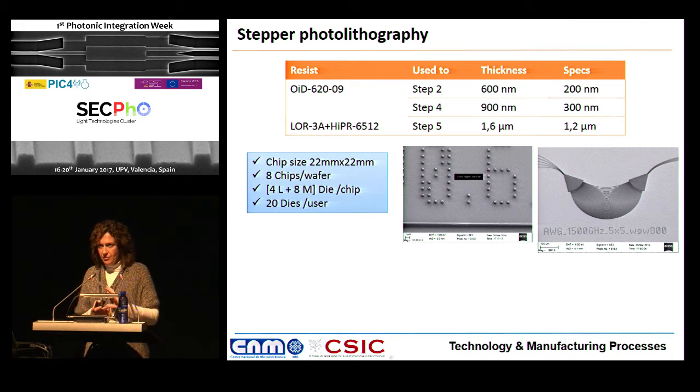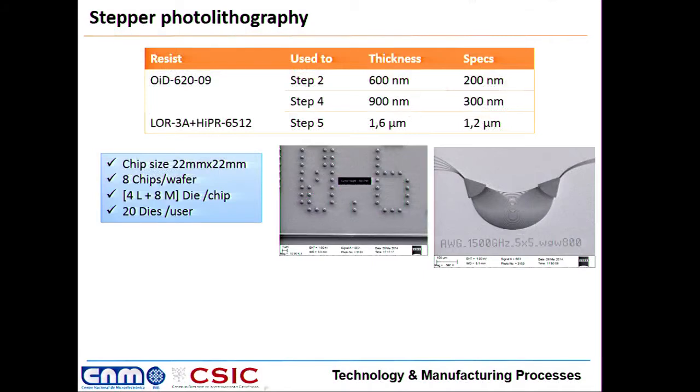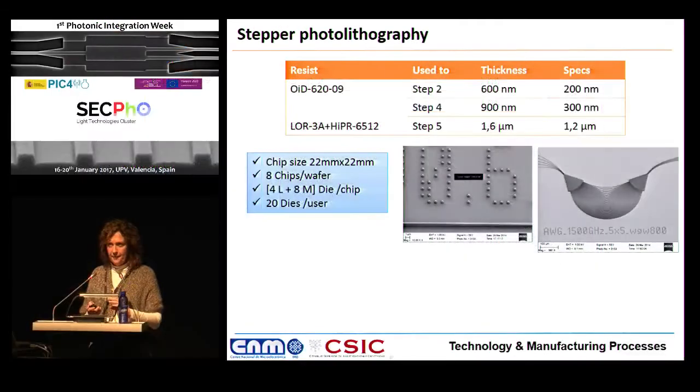Our stepper is able to draw a maximum chip of 22 by 22 millimeters. So we can draw 8 chips per wafer of this size on the 100 millimeter wafer that we work with. We divide this chip into 4 large areas and 8 medium areas that could be from different partners.